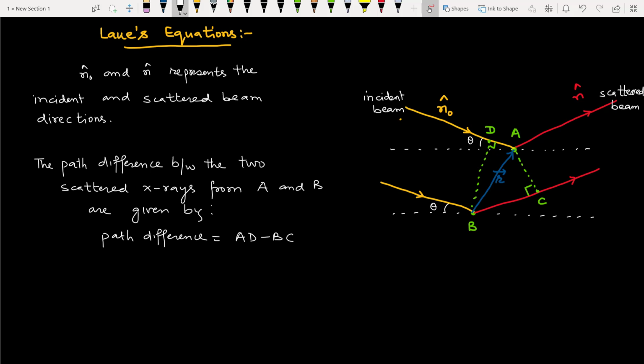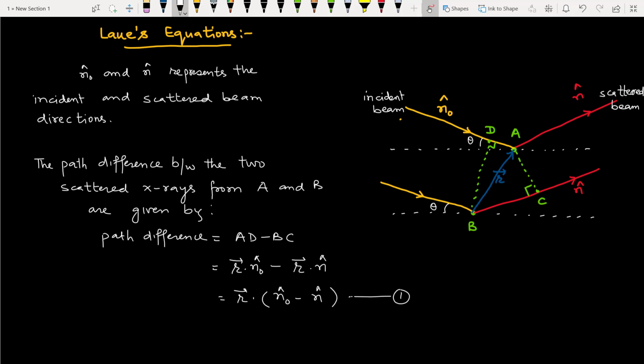So AD is in the direction of n naught, so we can write it as R vector dot n naught cap. BC is in the direction of n cap. This is also the n cap direction because both the scattered rays are parallel. So R dot n cap. We take R dot common. It is n naught cap minus n cap, and we mark this as equation number 1.